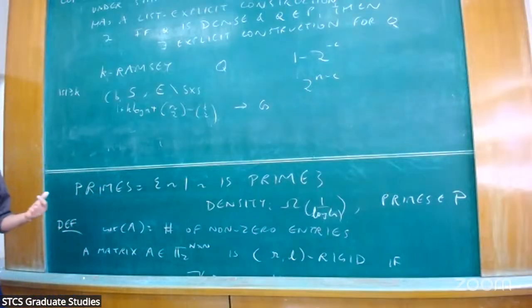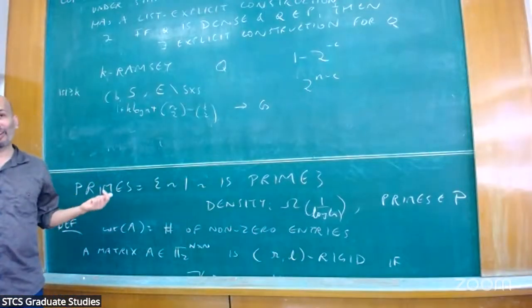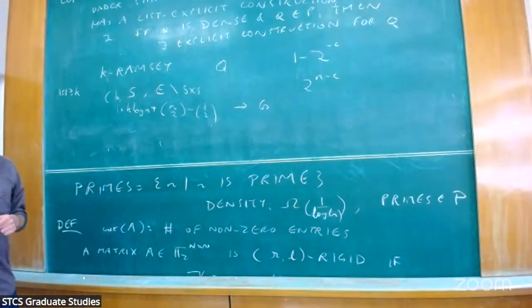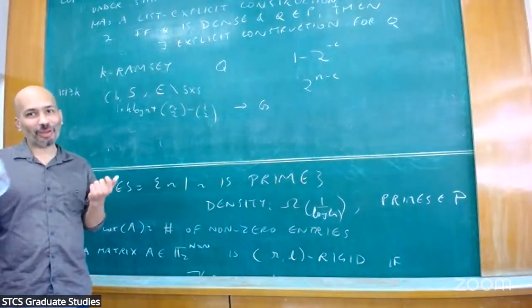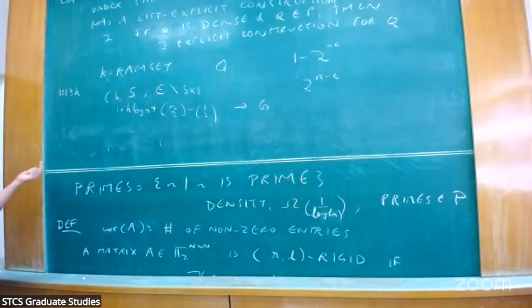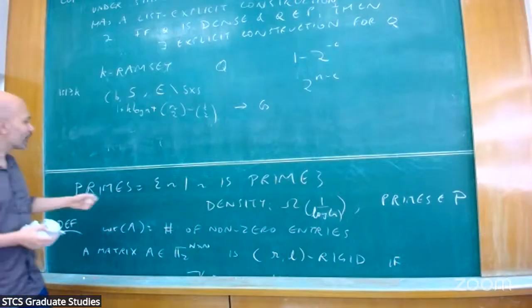But if a number is just a product of primes, then there's no obvious way to compress it. So products of primes are very dense, and this will be an efficient way to compress numbers that are not of that form. But it's not interesting to explicitly construct primes or products of primes because you can just output the product of the first log n primes, and that's good.